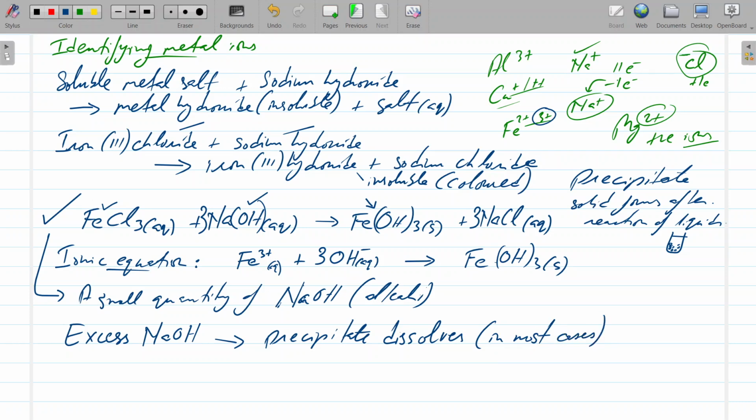So for aluminium and zinc, the precipitates do not remain insoluble, even in excess. There's a table given in your books, which was shared with you as well, so going back to the book.